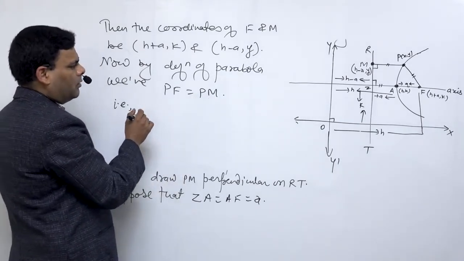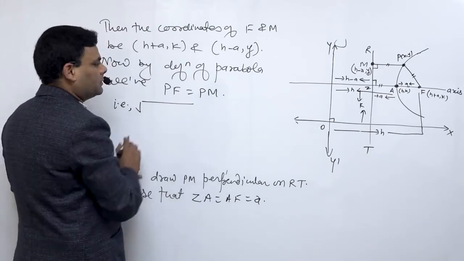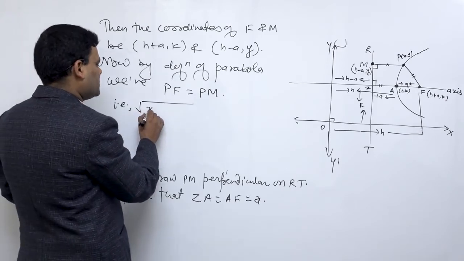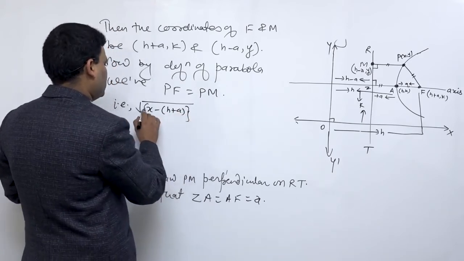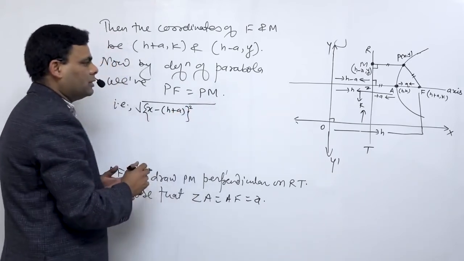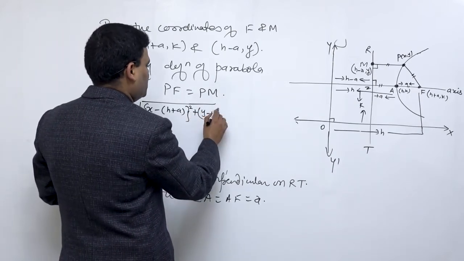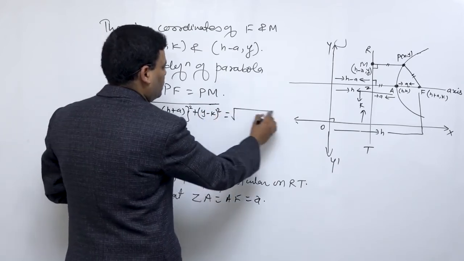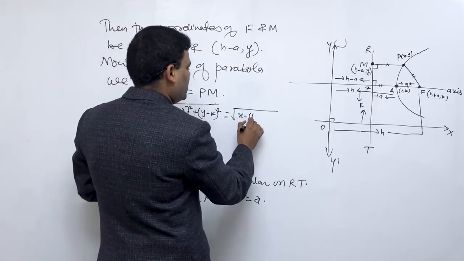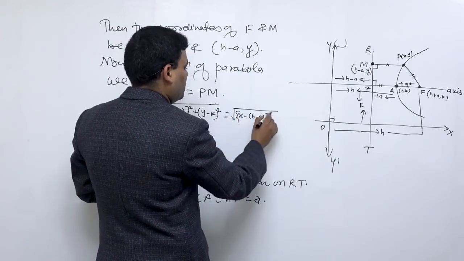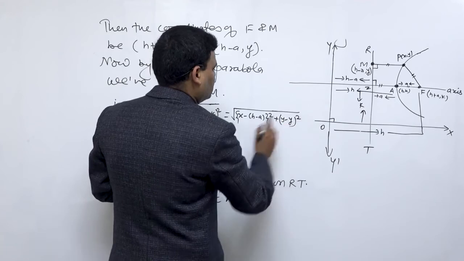That is, the square root of (x minus h plus a) whole square plus (y minus k) whole square equals the square root of (x minus h minus a) whole square plus (y minus y) whole square.